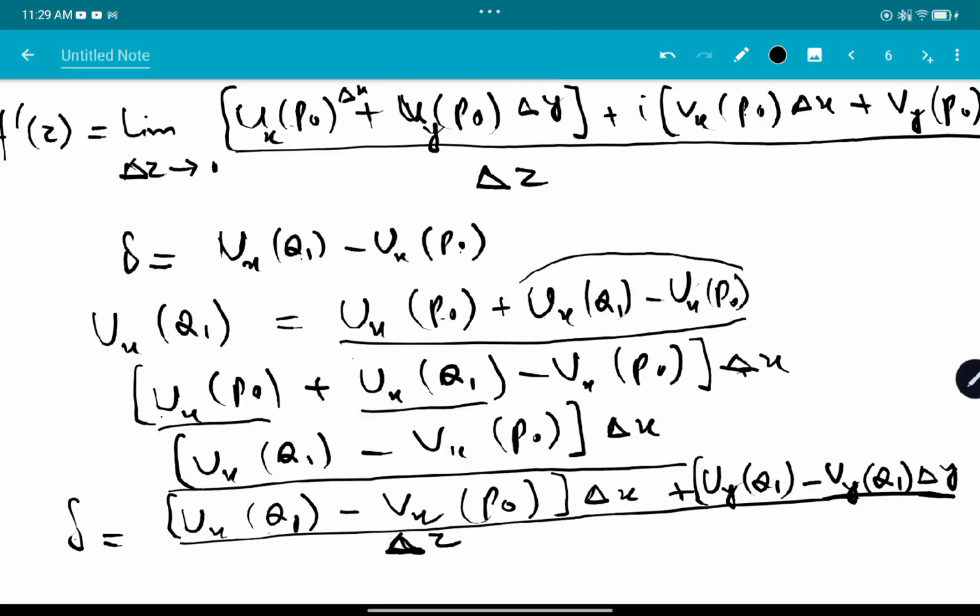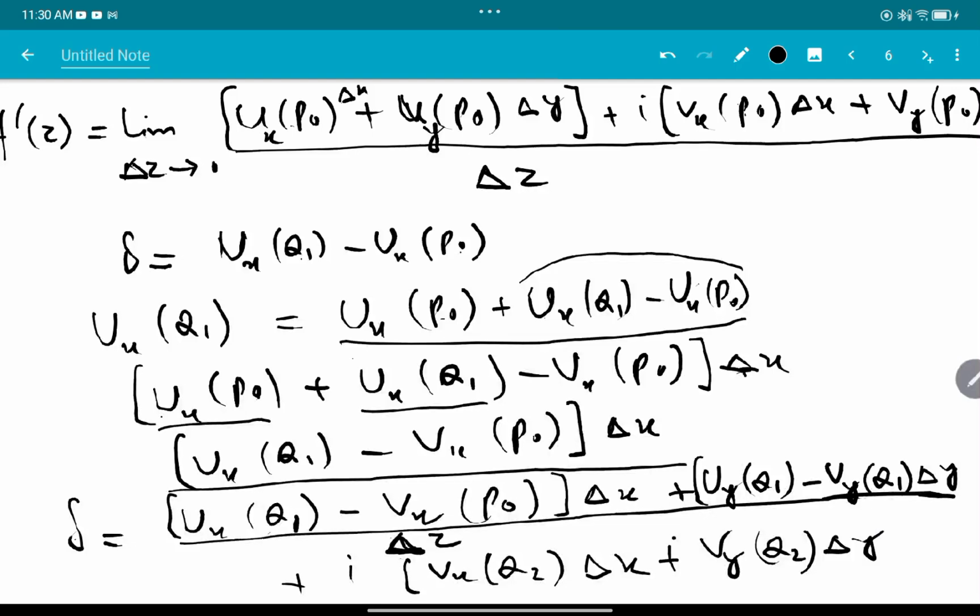Divided by delta z again, plus then we have this. In place of VXP naught, we will have VXQ2. As you know, VXQ2 delta x plus VYQ2 delta y, which is not visible there.